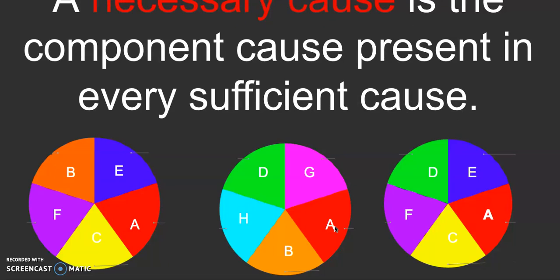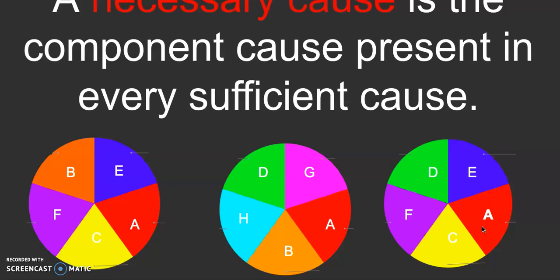We can also talk about necessary causes, which are a component cause that has to be present in every single sufficient cause. So let's say that now we're talking about the example of influenza. There can be many different factors that lead to influenza, but in each of these, every single sufficient cause has to have an A, because, say, in this example, A is exposure to the flu virus.